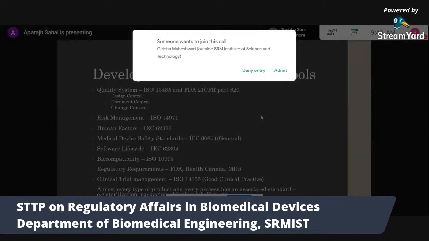So, for example, the quality systems standard ISO 13485, risk management standard 14971, the human factors evaluation standard 62366, software lifecycle 62304, and the clinical trial management standard ISO 14155. They're all process standards.